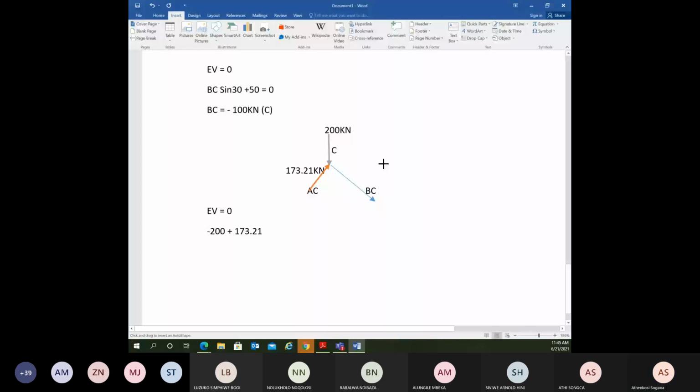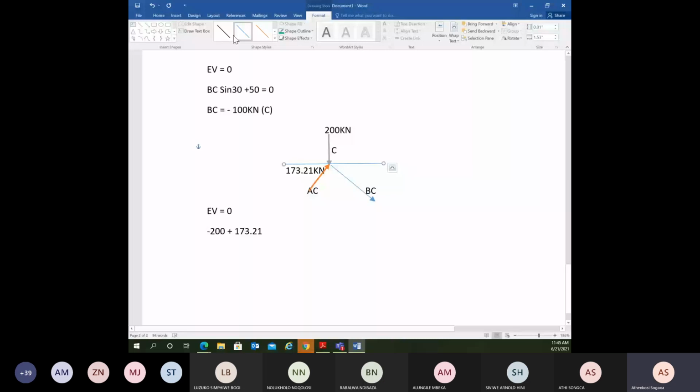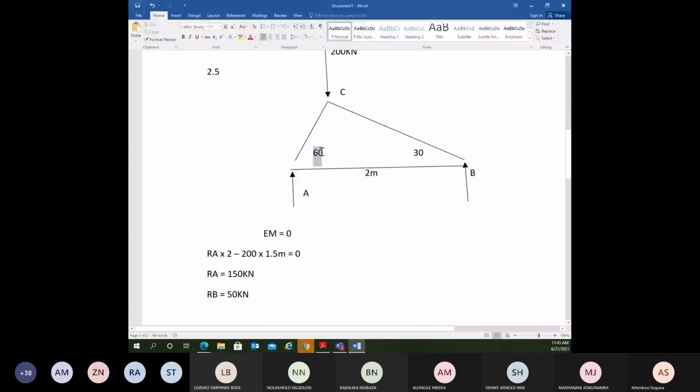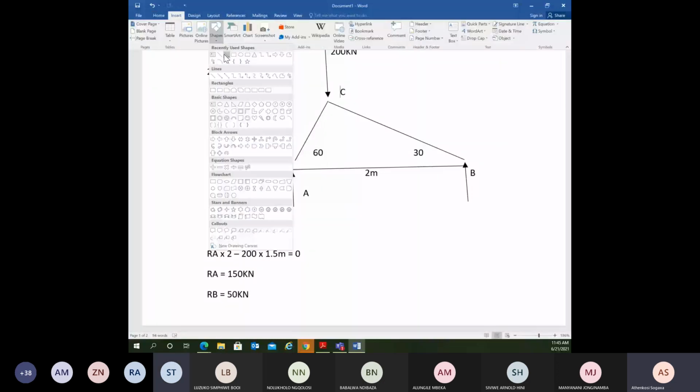So if here you have 60 degrees, at this point it will also be 60 degrees. I hope you can see that it is 60 degrees here and 60 degrees at this point.